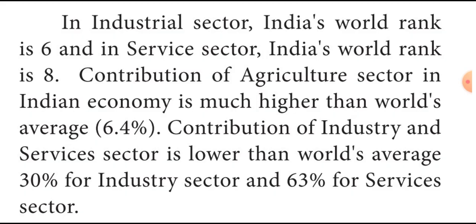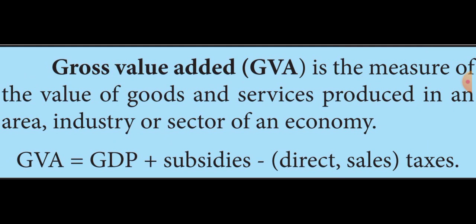Then GVA, gross value added. The abbreviation of GVA is gross value added. Gross value added is the measure of the value of goods and services produced in an area, industry or sector of an economy.